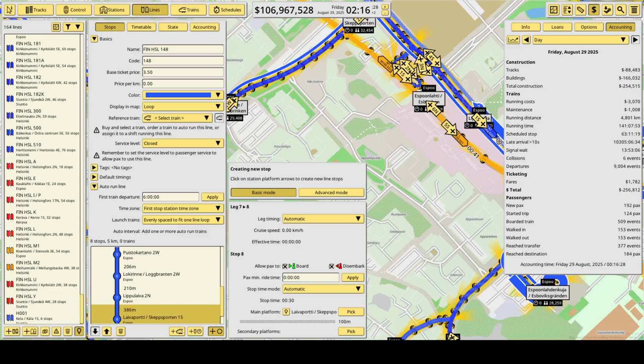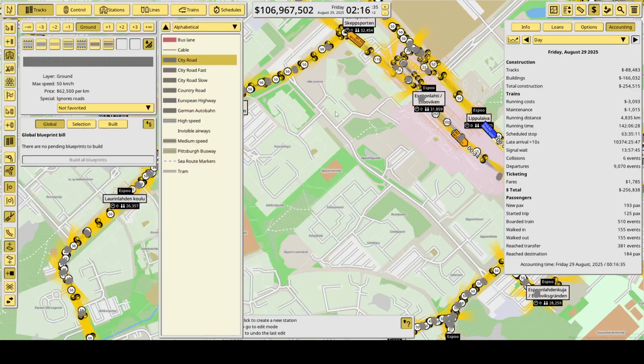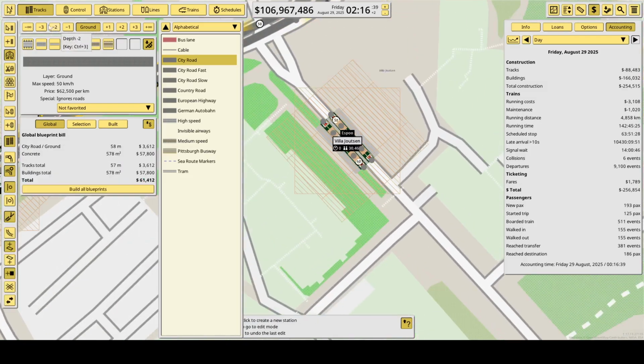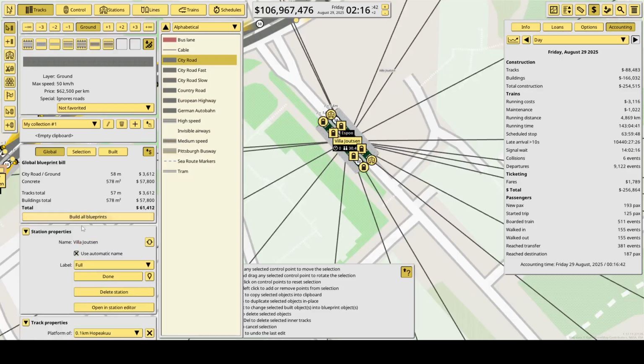So Kipparinmäki, Schepparbacken. So it's kind of going to go around the Lippulaiva shopping center and the block. Kipparinmäki, Schepparbacken is going to be over here. There we go.